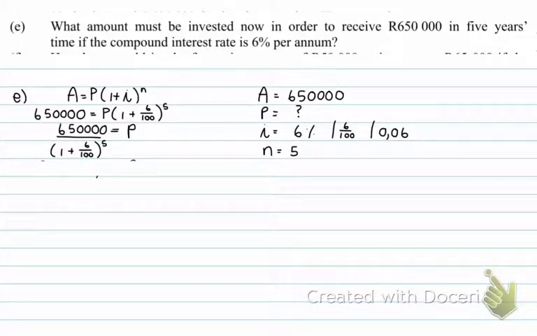It's that 650,000 divide with the whole bracket, which is 1 plus 6 over 100 to the power of 5. Okay, and then you can round off to 2 decimal. And there is the amount that should be invested now in order to get 650,000 Rand in 5 years' time.